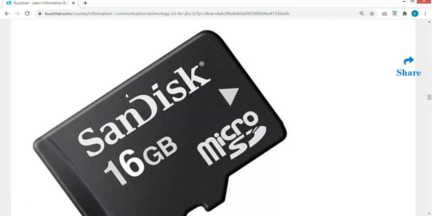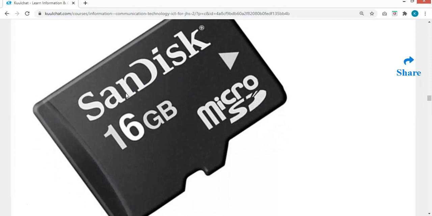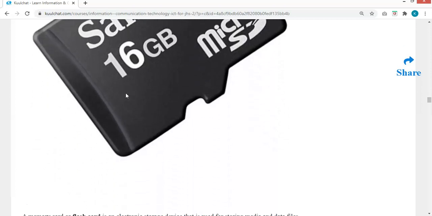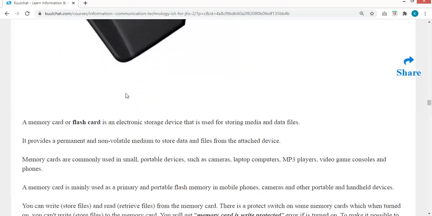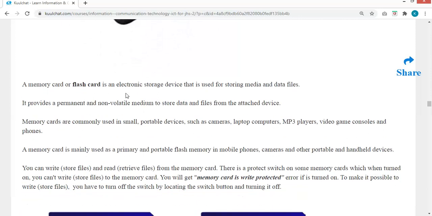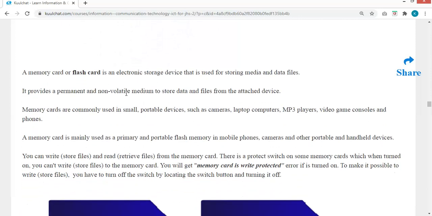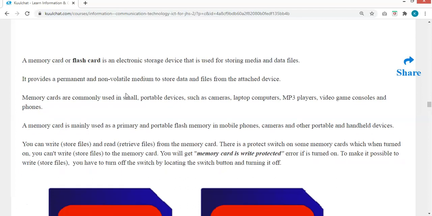So we have the memory card in addition to the storage space of the phone. The memory card or flash card is an electronic storage device that is used for storing media and data files. It provides a permanent and non-volatile medium to store data and files from the attached device.